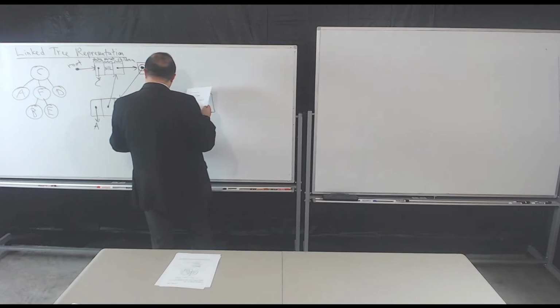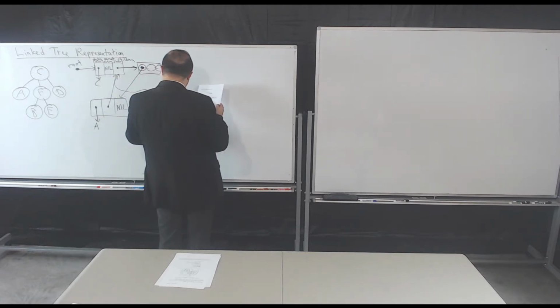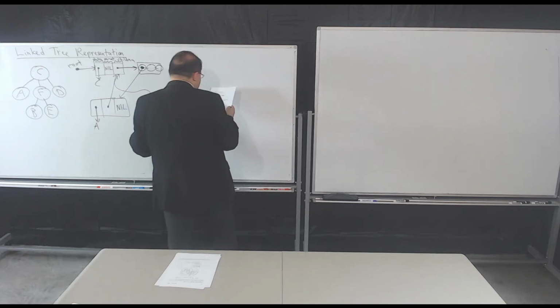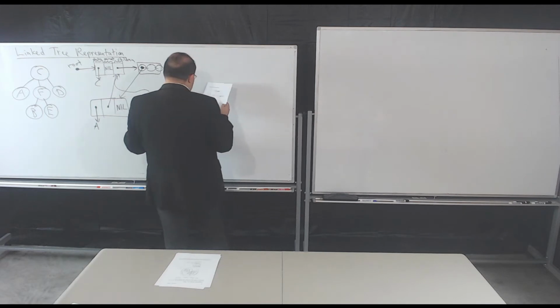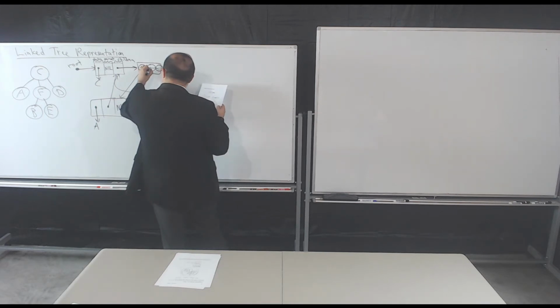Same thing here. I have a reference here, that's F. Its parent is the root. And then I have children. So for the children, I have a list with 2 elements in it. Each one of those is a reference to 2 children. Remember, I have B and E down there. And then I have my next reference here.